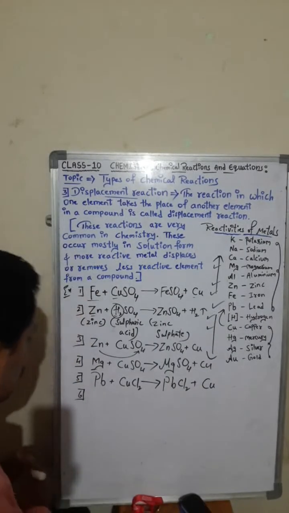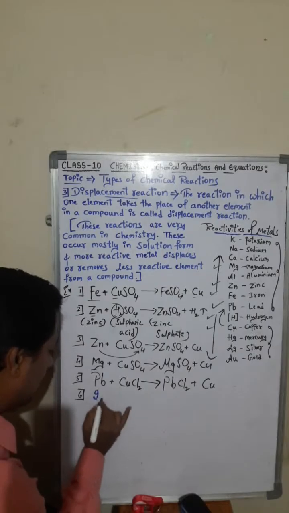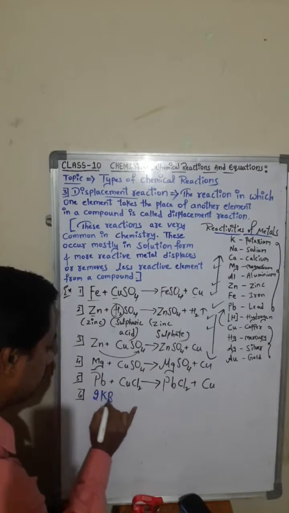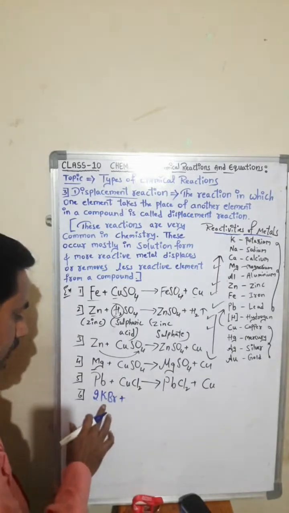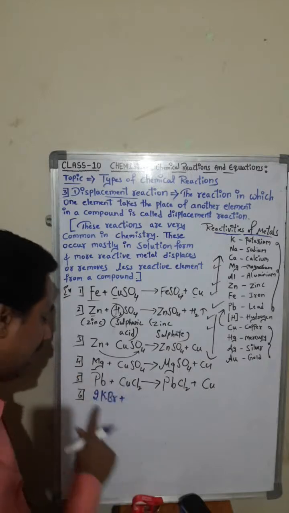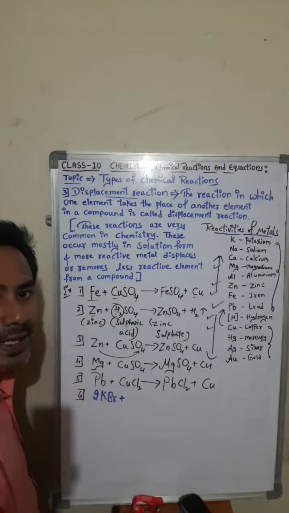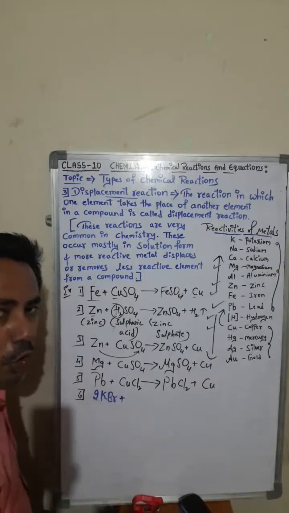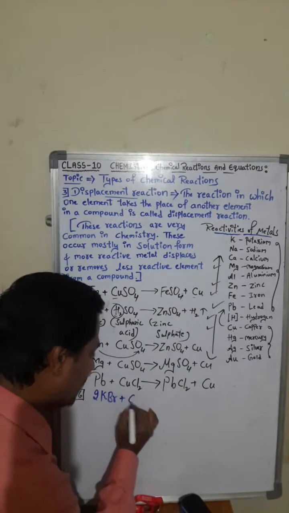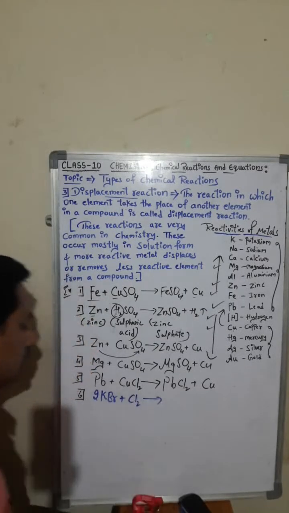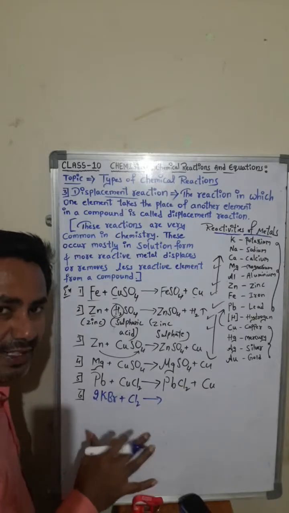Let's continue, students. Can you tell me what you mean by KBr? KBr. Br is one element, K is one element. K means potassium, Br means bromine. Potassium bromide. When potassium bromide combines with chlorine, what happens? Whether the reaction will take place.